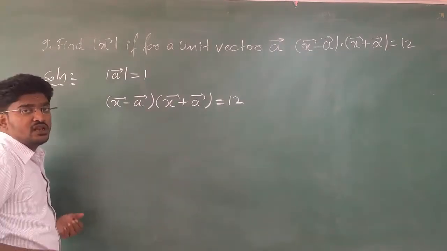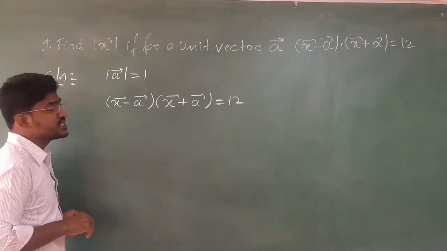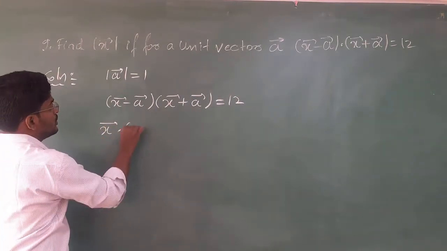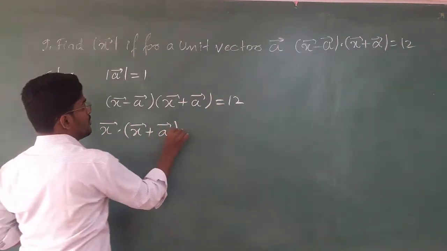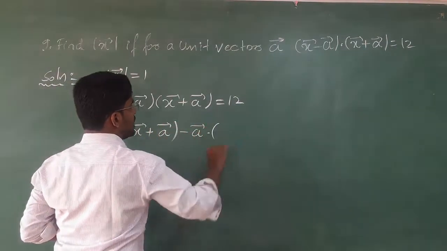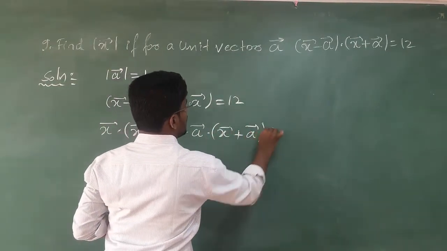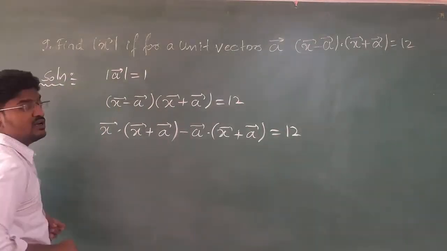Again the distribution of dot product over addition and subtraction. Vector x dot vector x plus vector A minus vector A dot vector x plus vector A is equal to 12. Simplify.